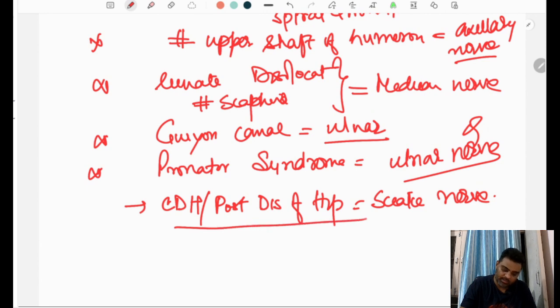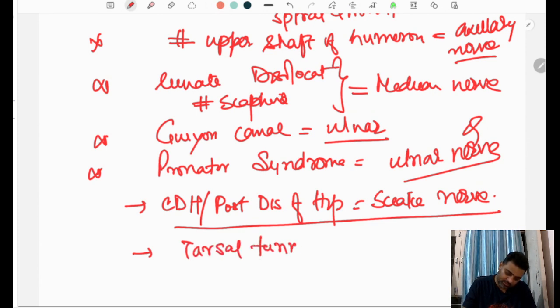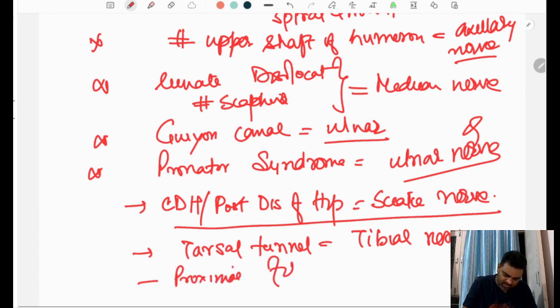You have to remember. In tarsal tunnel syndrome, the most common nerve involved is the tibial nerve. In fracture of the proximal fibula, this is a very cliche type of question that is asked a lot of times, it is the common peroneal nerve.